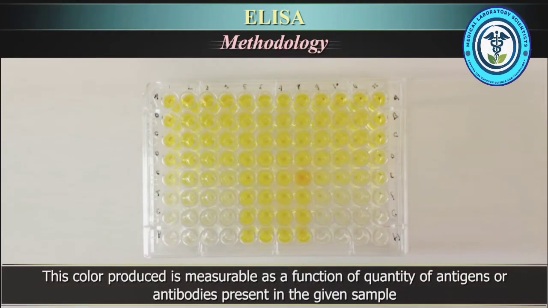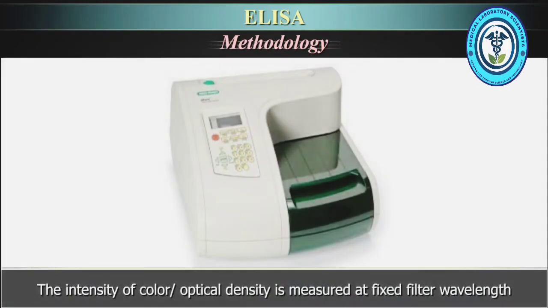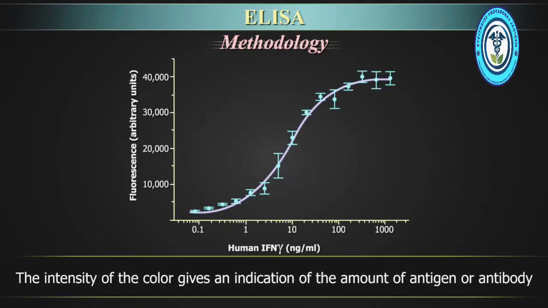This color produced is measurable as a function of quantity of antigens or antibodies present in the given sample. The intensity of color or optical density is measured at fixed filter wavelength. The intensity of the color gives an indication of the amount of antigen or antibody.